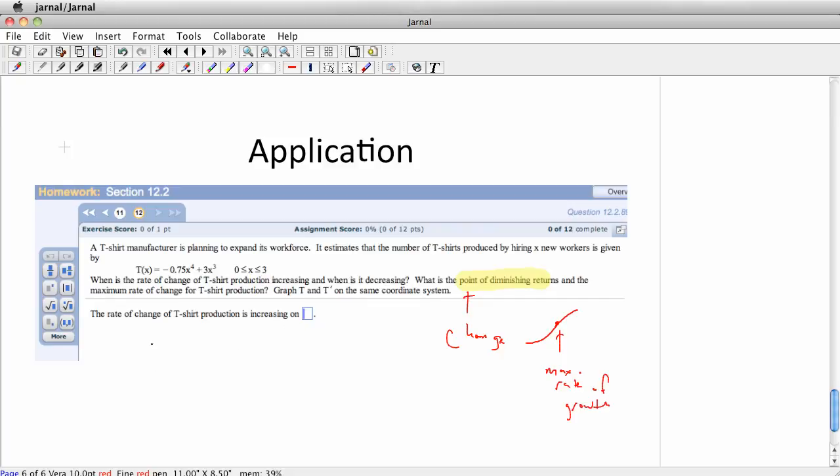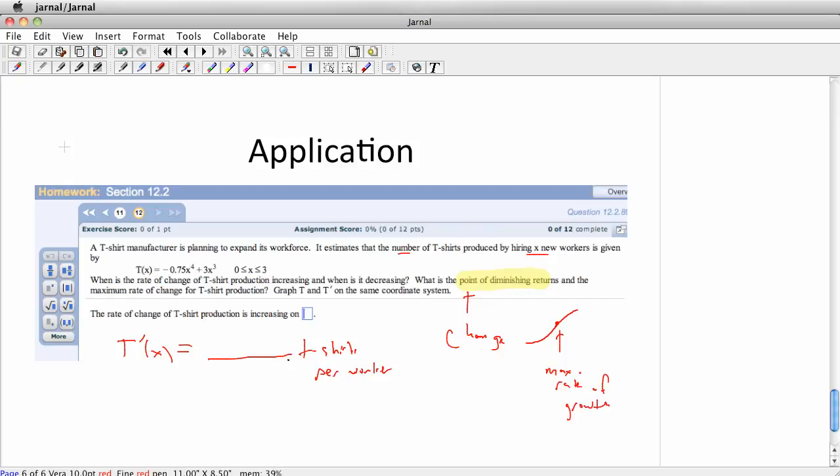The rate of change of t-shirt production means T prime. T is the number of shirts produced by X workers. And so the units here, whenever we put something in for X, is going to be t-shirts per worker.